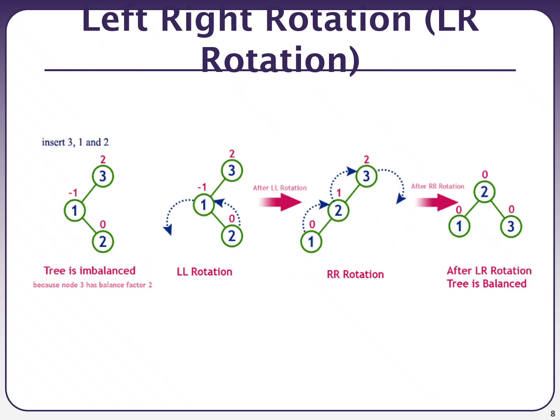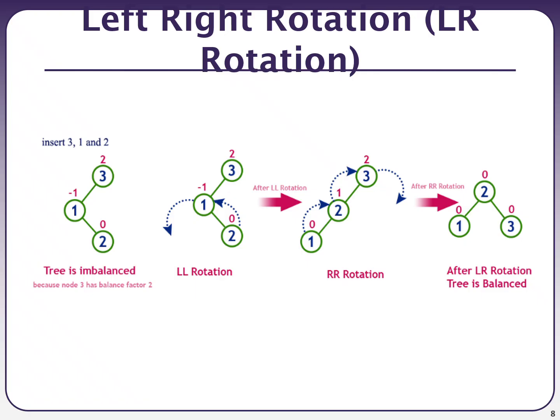The next is the left-right rotation. Here the rotation is a combination of both left and right rotations. When the tree is unbalanced like this, the first step is to use the RR rotation to move the second element to the right side.